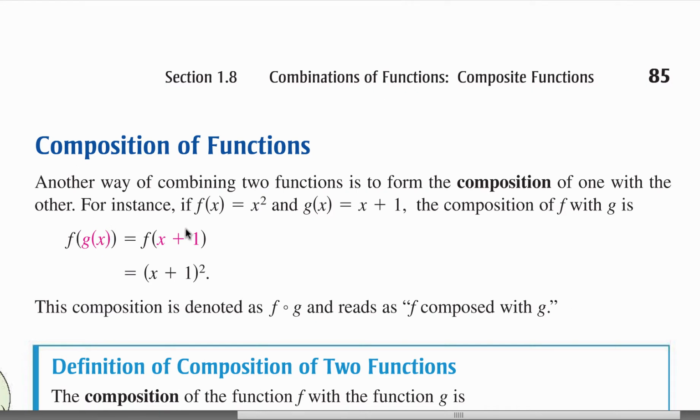So this becomes f of x plus 1, and since f is the squaring function, we're going to square the input, x plus 1. And so this composition is denoted as f open circle, that's the composition dot, g. You read it as f composed with g.